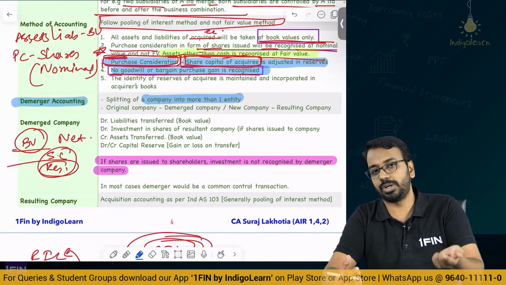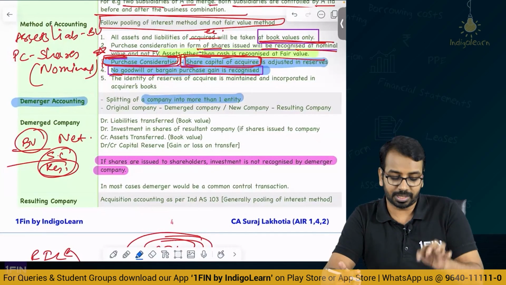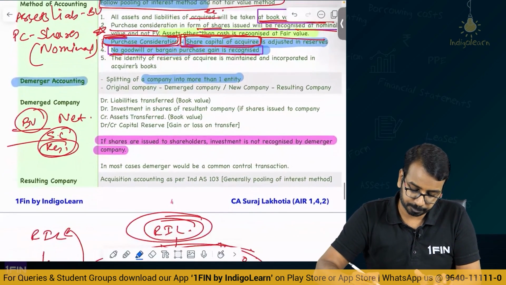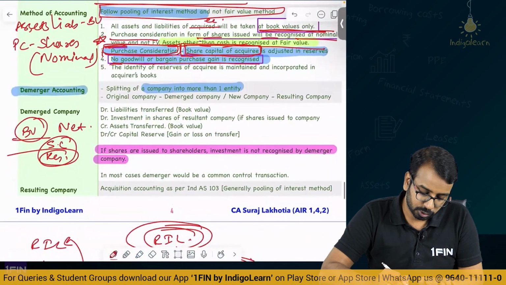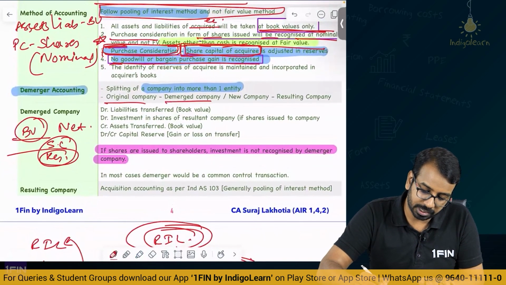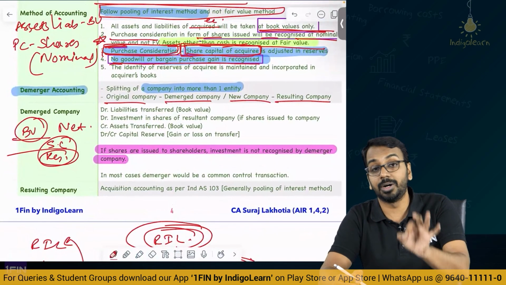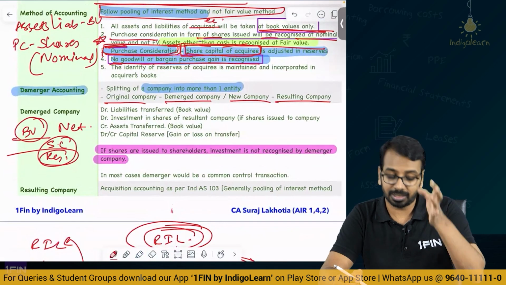In demerger accounting also you will follow the pooling of interest method. The original company is called the demerged company and the new company is called the resulting company.